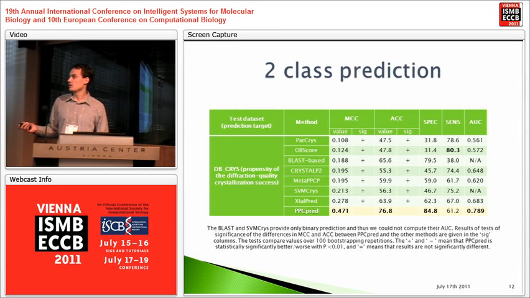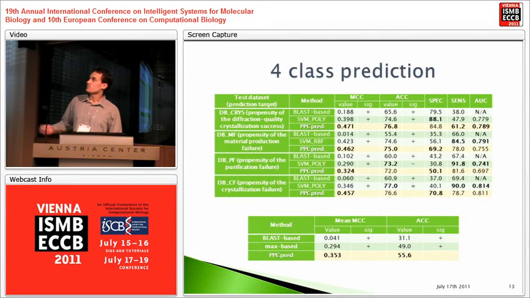But our method greatly improves over these predictions and achieves an MCC of 0.47 and accuracy of 76.8%. We checked with a statistical significance test that our results are statistically better. What you can see here is that our method has high specificity, so it tells you exactly which proteins do not crystallize.